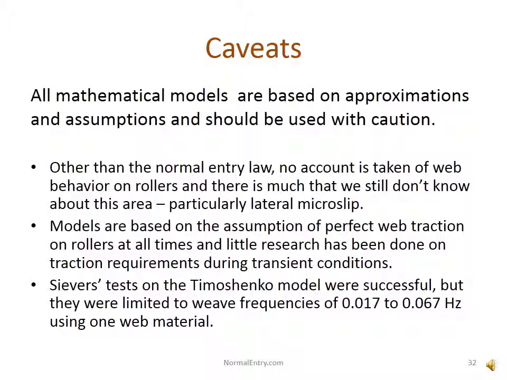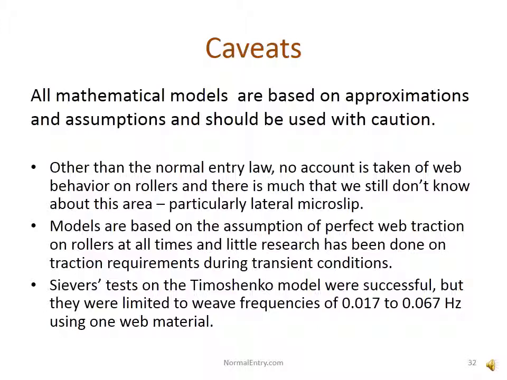I need to mention a few words of caution. All mathematical models are based on approximations and assumptions and should be used with caution. Other than the normal entry law, no account is taken of web behavior on rollers, and there is much we still don't know about this area, particularly lateral microslip.